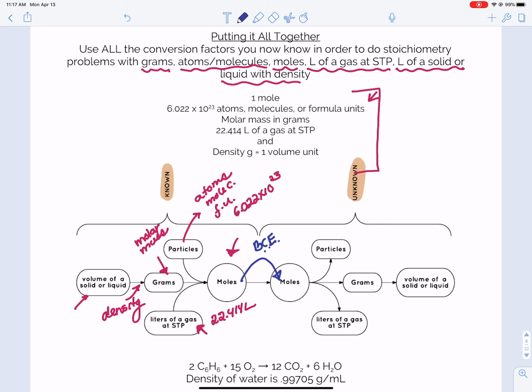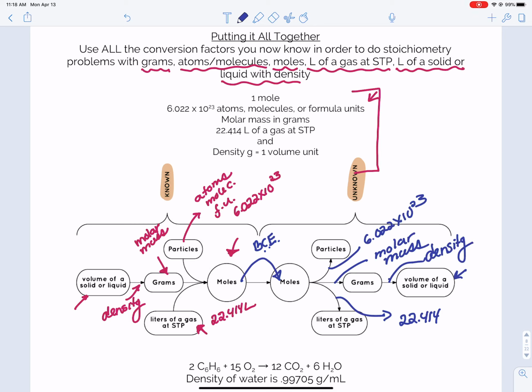So if it says how many atoms, you're going to use, again, Avogadro's number, 6.022 times 10 to the 23rd. If it says how many grams, you use the molar mass, right? If it says how many liters at STP, that's when you use 22.414. And if it says how many liters or milliliters or cubic centimeters and the compound or element is a liquid or solid, then you're going to need to use the density.